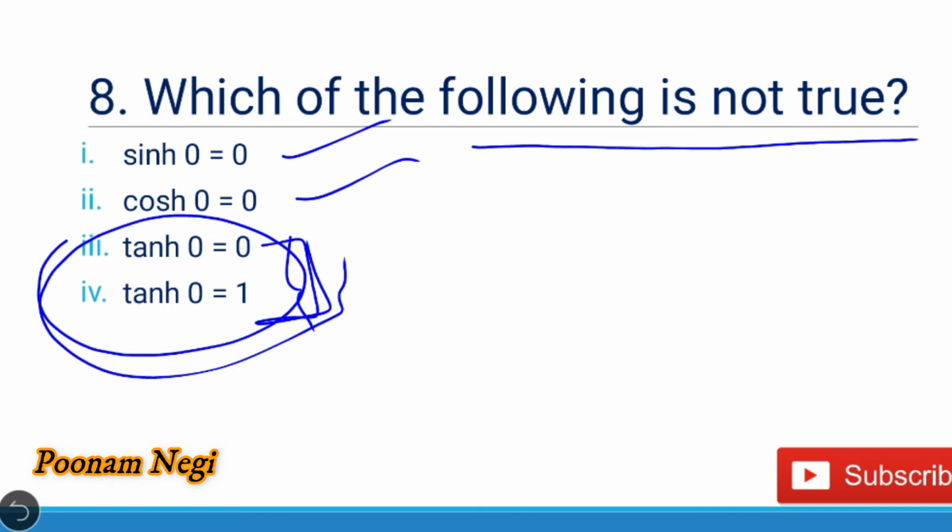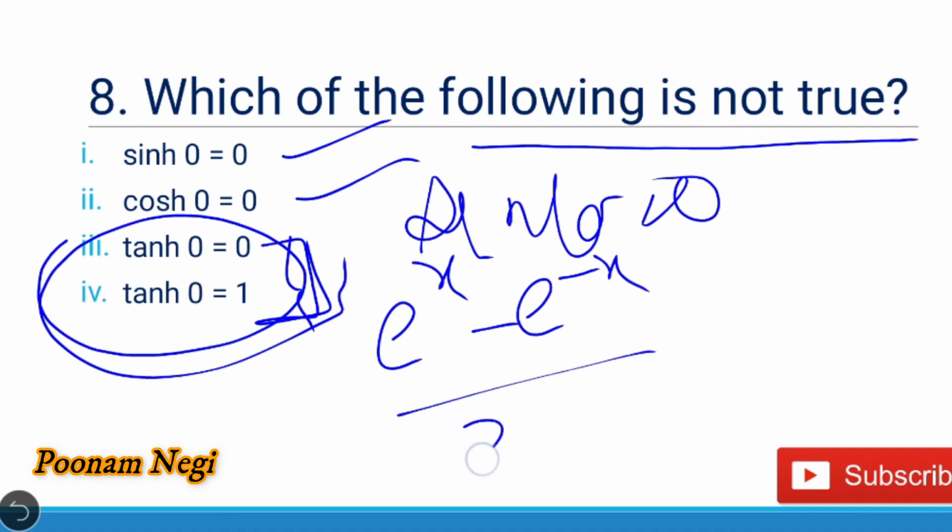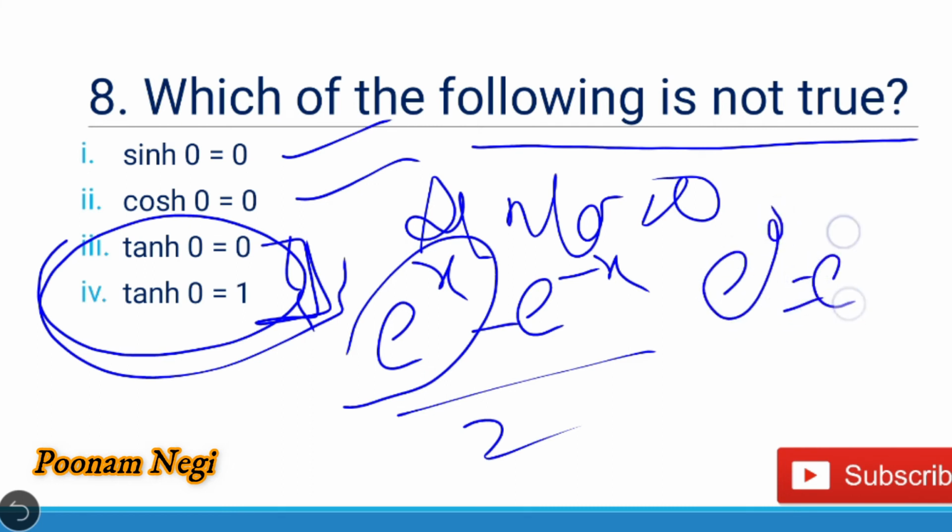But if we know that the value of sine hyperbolic 0 is equal to 0, it can be easily verified from the formula. As we know, sine hyperbolic x equals e to the x minus e to the power minus x upon 2. When we replace x by 0, we will have e to the power 0 minus e to the power minus 0 upon 2, and this e to the 0 and e to the minus 0 will always equal 1.